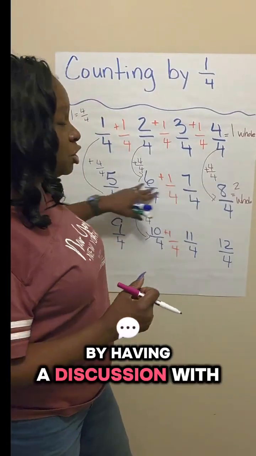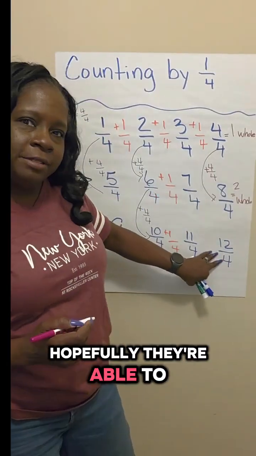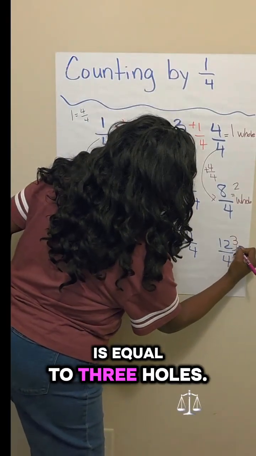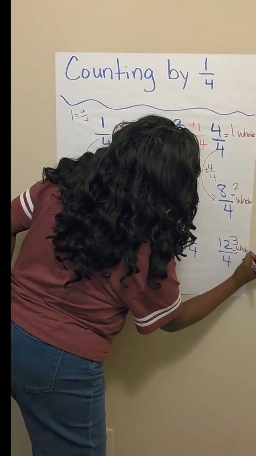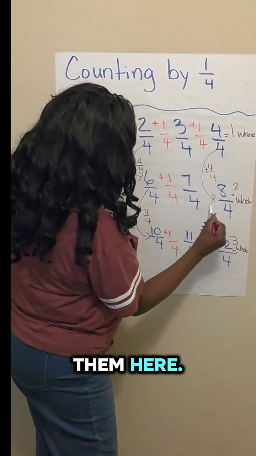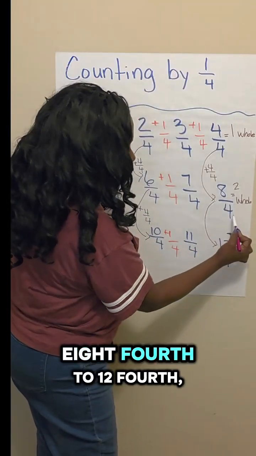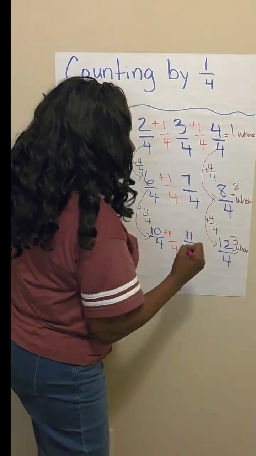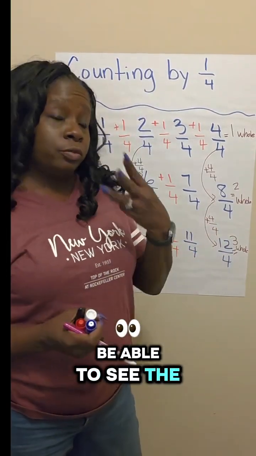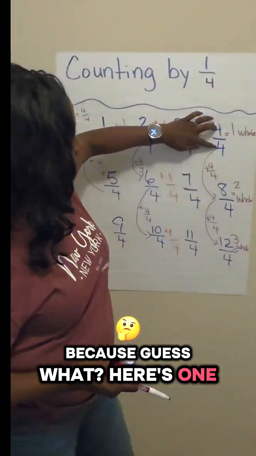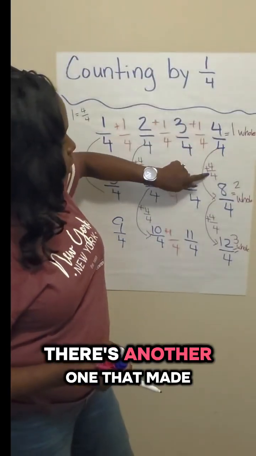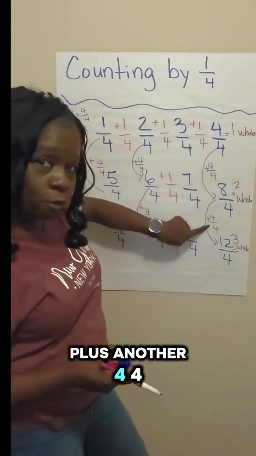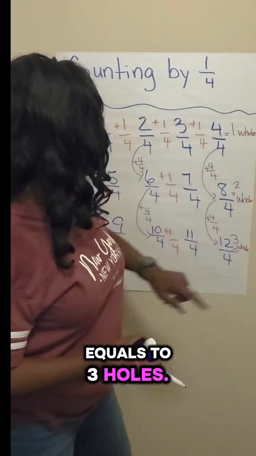By having a discussion with this one, hopefully they're able to see that 12/4 is equal to 3 wholes. And I will bring them here. When I go from 8/4 to 12/4, remember I'm adding 4/4. And you'll help them be able to see the 3 wholes because guess what? Here's 1 whole here. There's another one that made 2 wholes. And then 2 wholes plus another 4/4 equals 3 wholes.